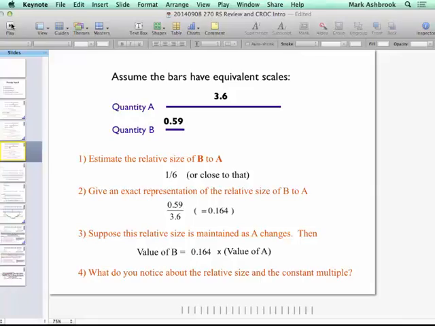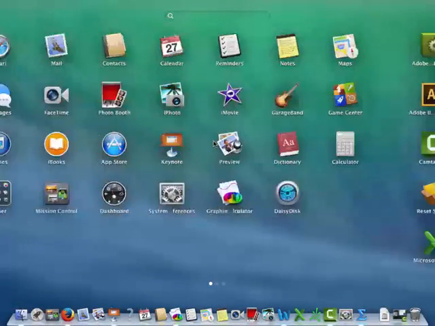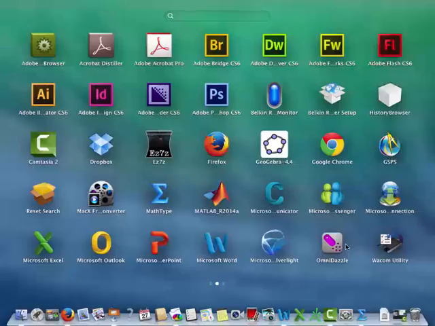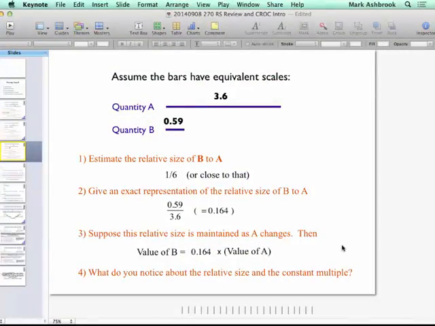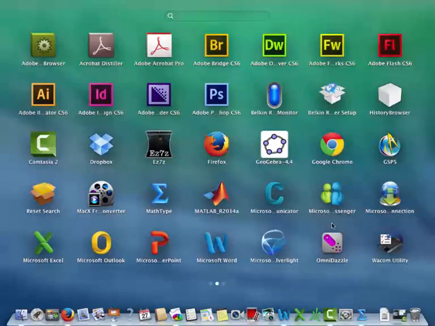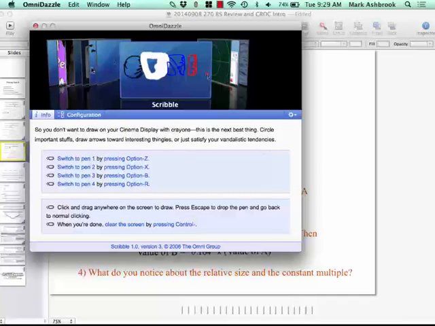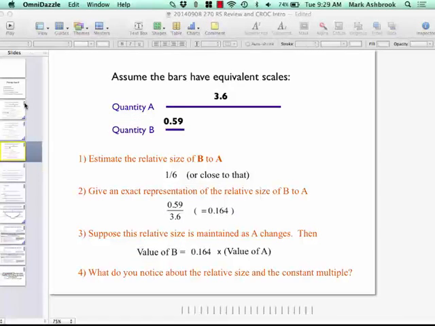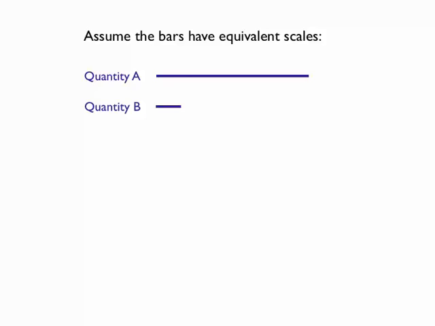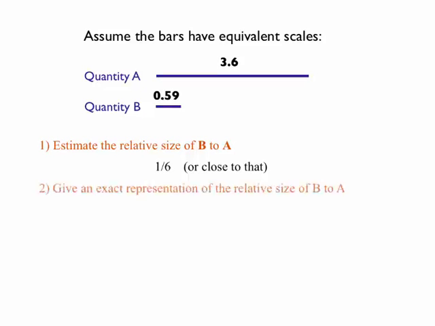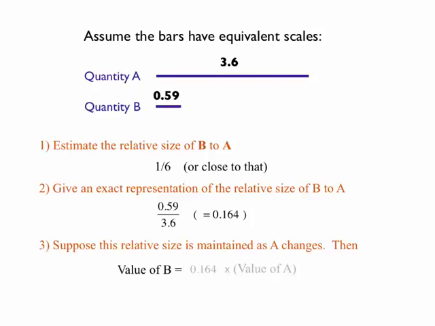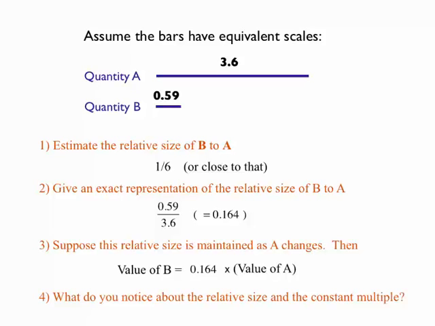Oh, maybe it's because this is off. Okay. Thank you for your patience. Okay, we're almost back here. Almost got it. Come on. There we go.